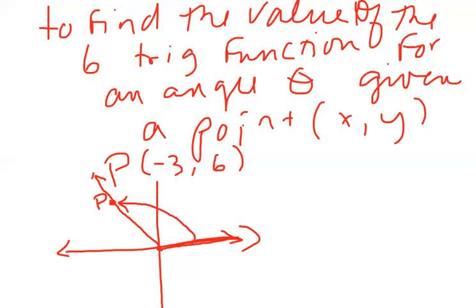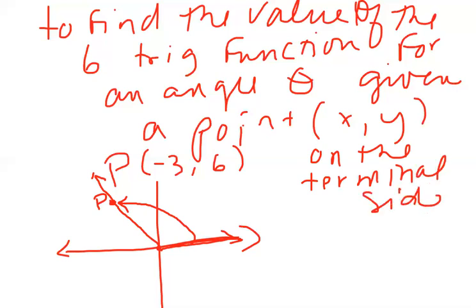So P is on the terminal side. Let me write this one, a point P on the terminal side. I've got to include that, okay? P is on the terminal side, guys. So now, we have point P, that's on the terminal side, and its coordinate is -3, 6.